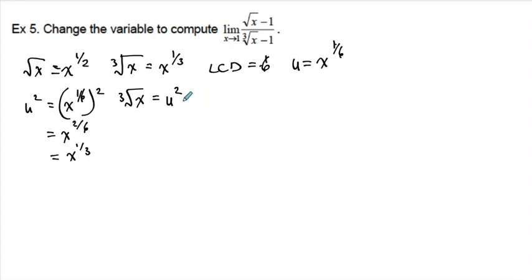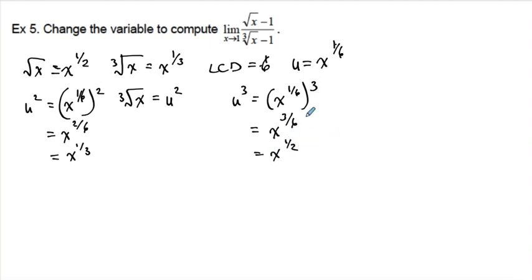Now what happens if I cube u? If I start with u and I cube it, what am I going to get? Well, I know that u is x to the 1/6. And if I cube that, knowing my properties of exponents, I'm going to get x to the 3/6, which simplifies to x to the 1/2.